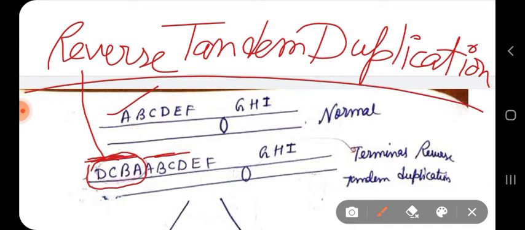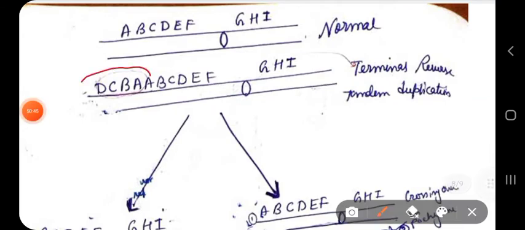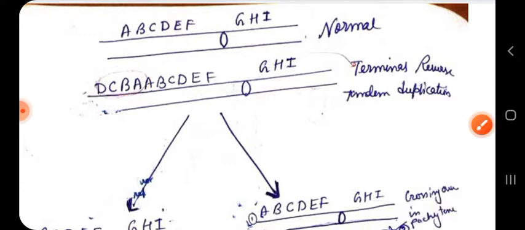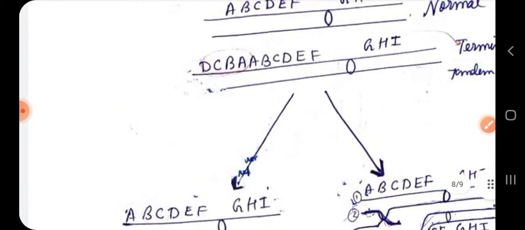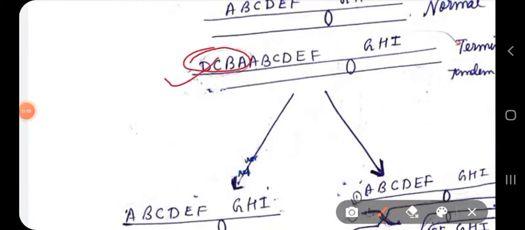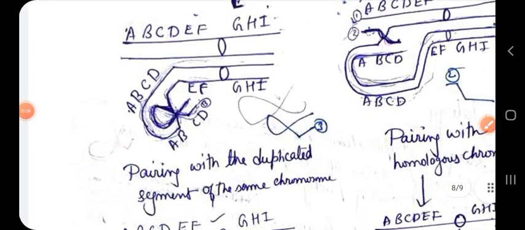So during reverse tandem duplication, you can see this extra chromosome segment. This extra segment may try to fold and may try to pair. How? Either with the same chromosome. You can see the second one having that extra chromosome fragment tandemly repeated, inversed, reversely repeated.